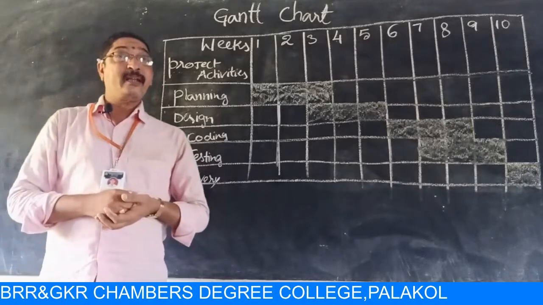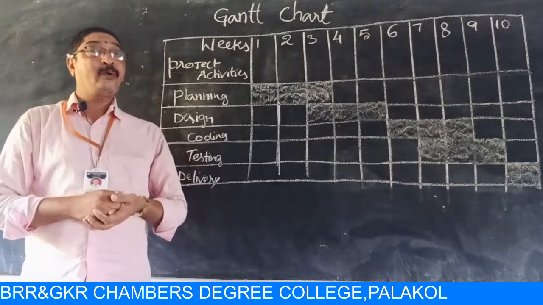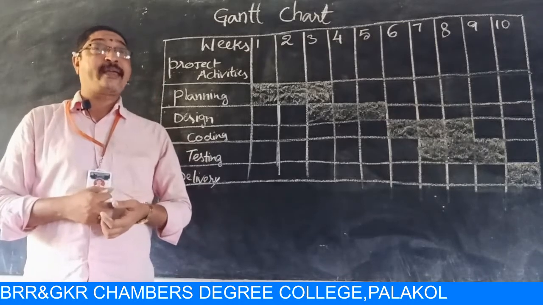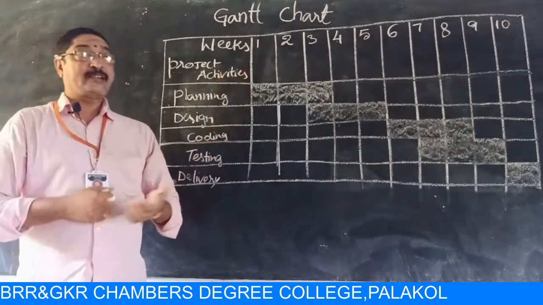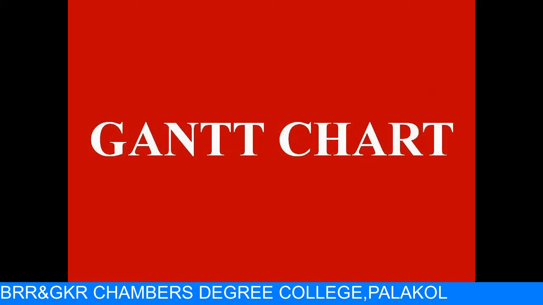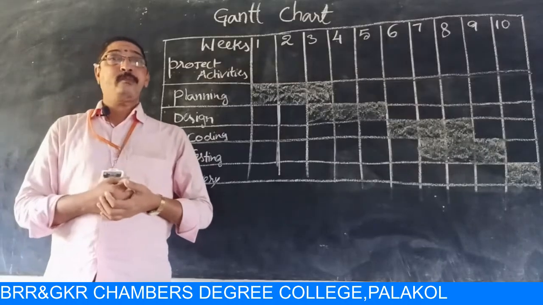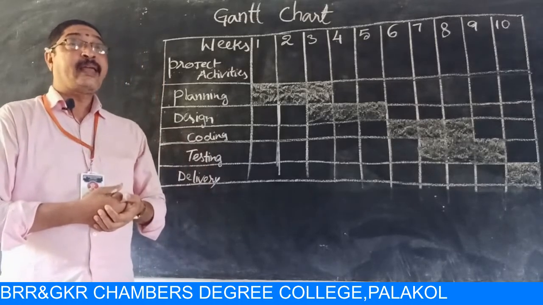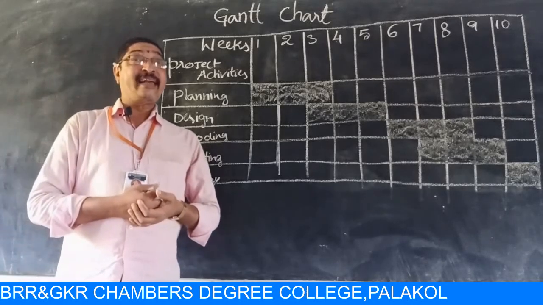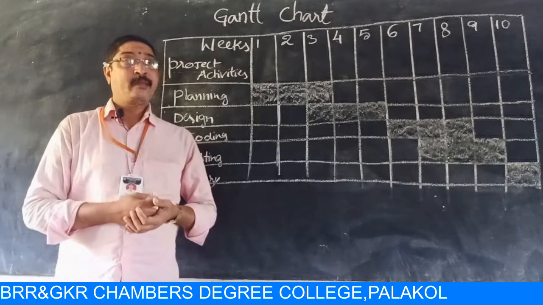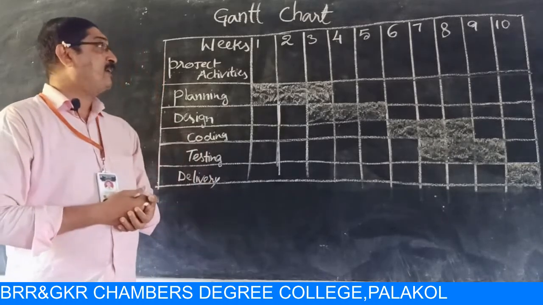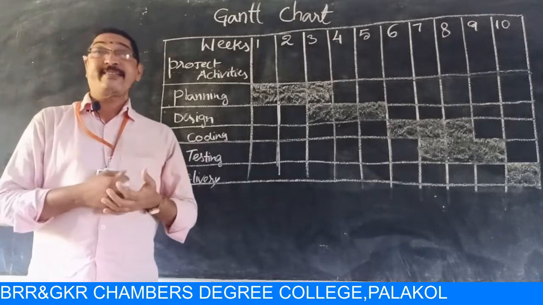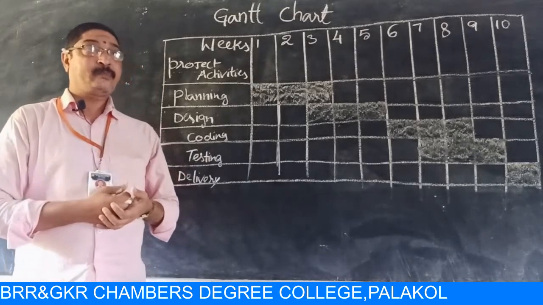In these project management tools, we have several tools. The first one we are going to discuss today is the Gantt Chart. This was designed by Henry Gantt in 1917. This chart will give us details about the activities in the project.